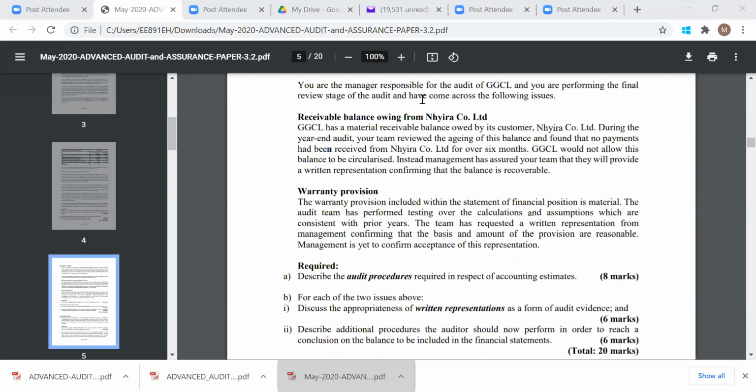Inspection or review: you have to review sufficient and appropriate evidence surrounding the accounting estimates. There are even cases where the auditor will recalculate some of these estimates.